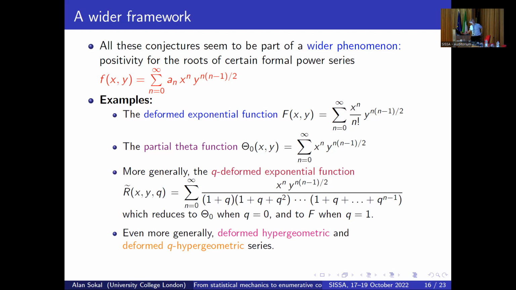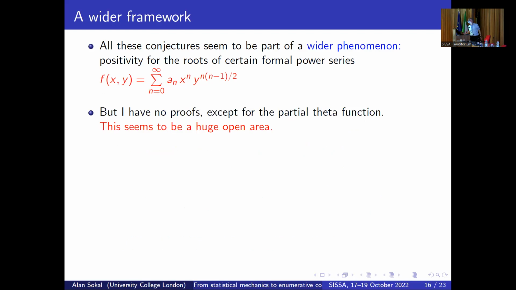And in fairly wide examples of these deformed hypergeometric series, I found empirically that conjectures like the ones I've shown you are true. Again, no proofs. The only case where I have proofs is for the partial theta function, where I was able to use Q series identities to prove the positivities.